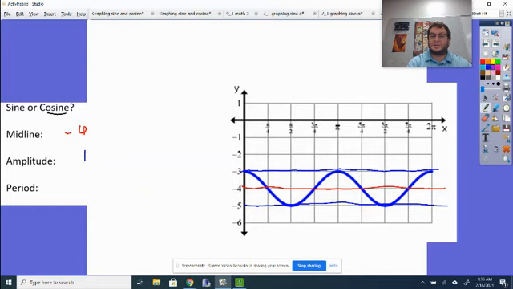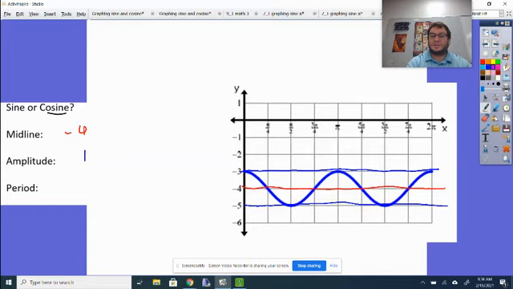So now I know where my midline is and where my amplitude lines are. My midline is at 2. My amplitude goes up and down by 3. We'll deal with whether that's positive or negative in a second. For the period, this is the hardest part. What you want to do here is follow your curve. You notice I'm starting at the midline and I'm going down.